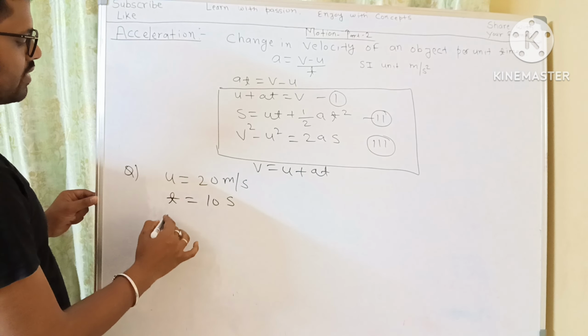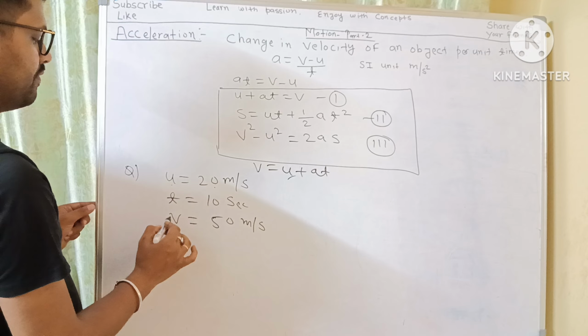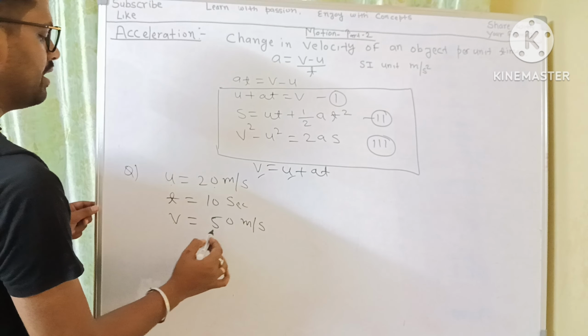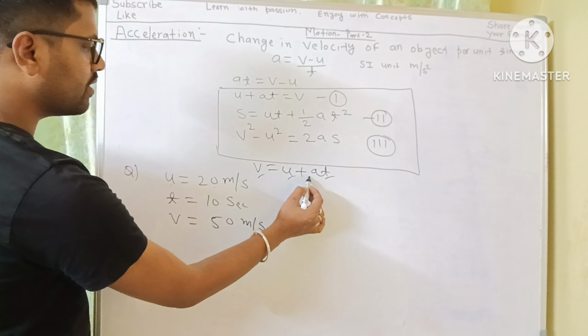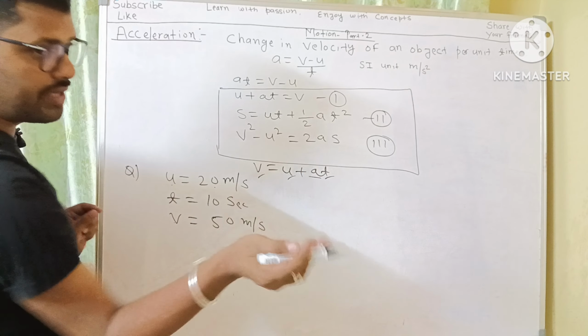What is the acceleration? u is the initial velocity and v is the final velocity. How much time? 10 seconds. So we have to use this equation of motion. Why? Because u is given as 20, v is given, t is given. So you have one equation, one variable, and you can solve it.